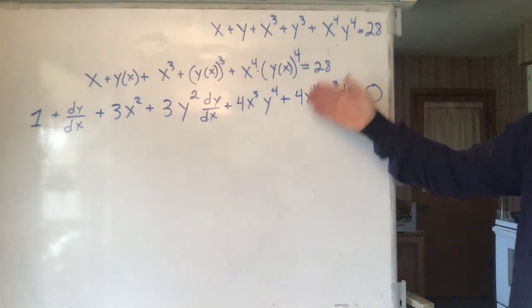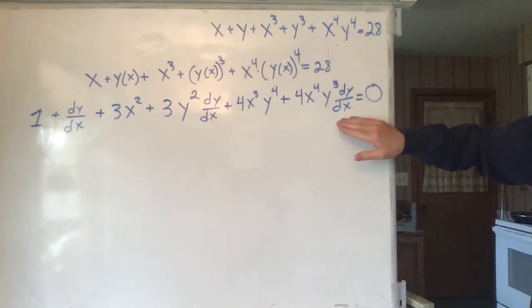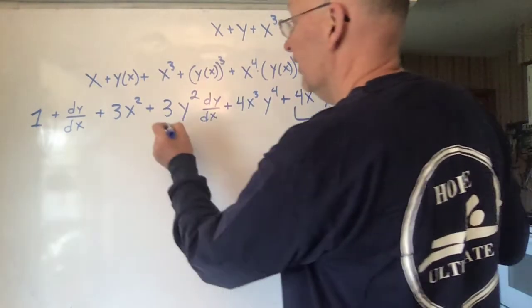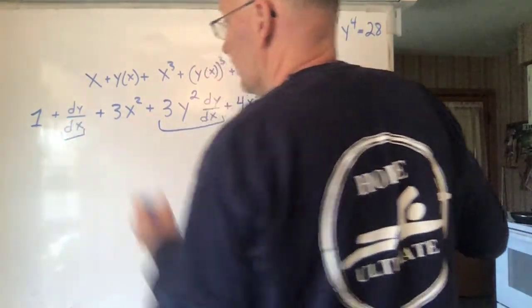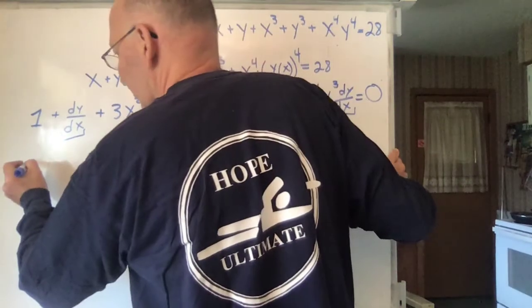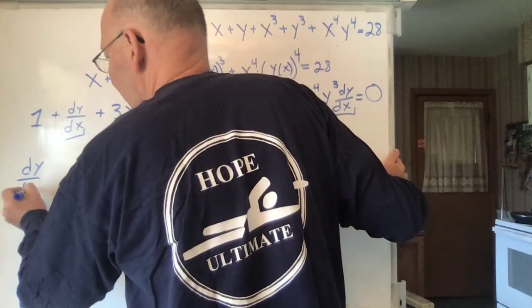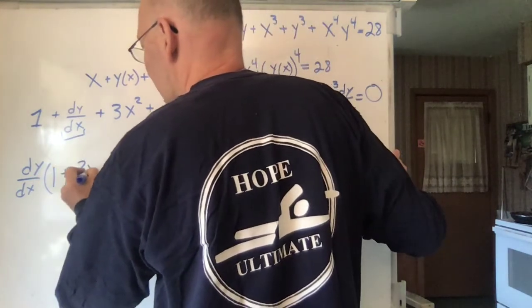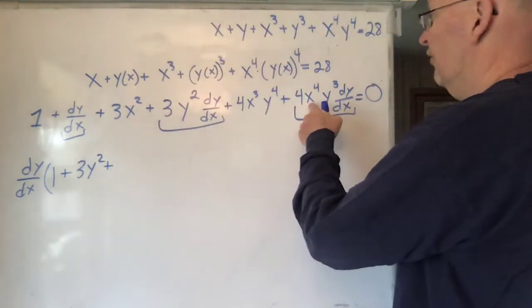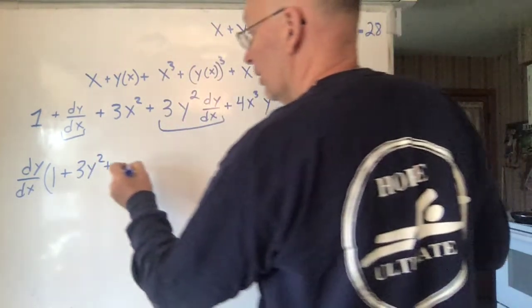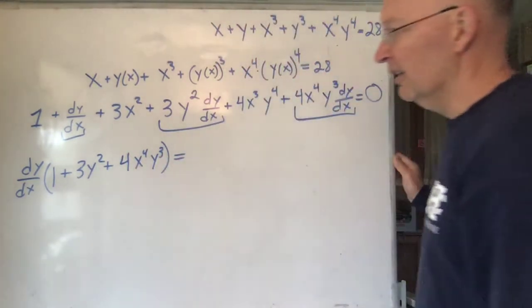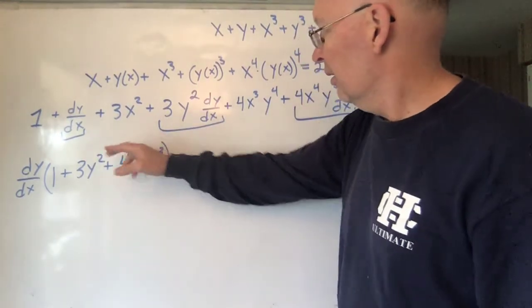So now, even though we couldn't solve for y here, we can solve for dy/dx here. That's the nice thing about this process. So here's the way I like to do it. I first find everything that has a dy/dx in it, right there. So I'm going to write dy/dx times the quantity 1 plus 3y squared plus 4x to the 4th y cubed, all that is equal to, that was all the things with dy/dx.